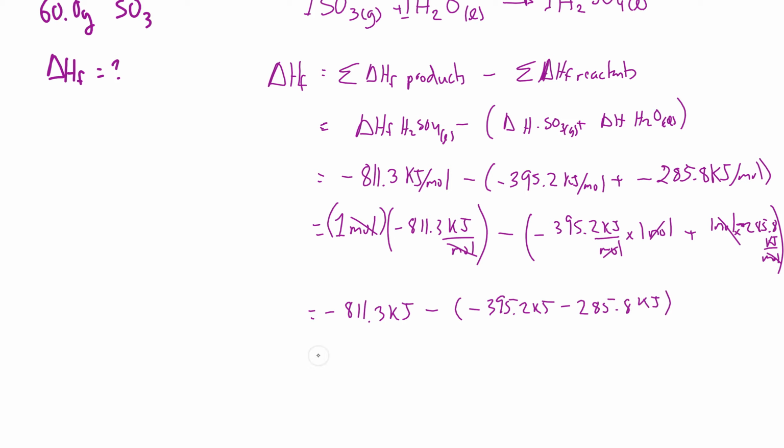So this gives us minus 130.3 kilojoules delta H. So what does that mean?